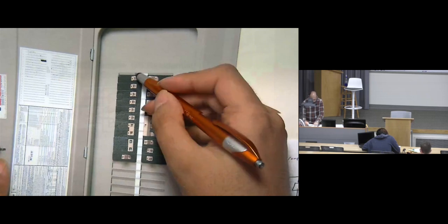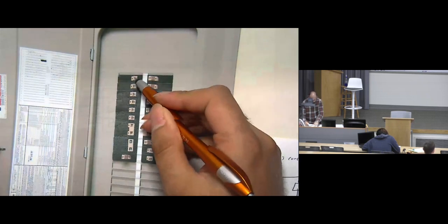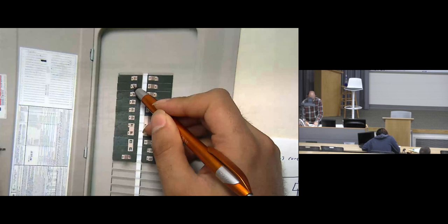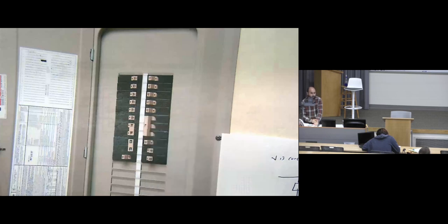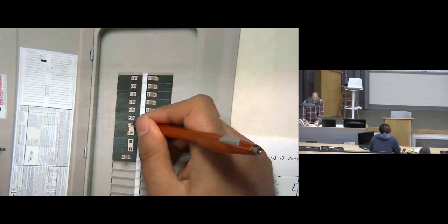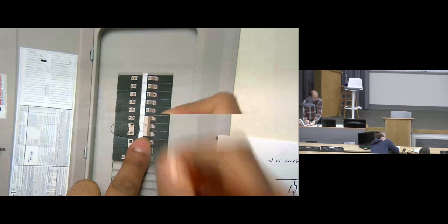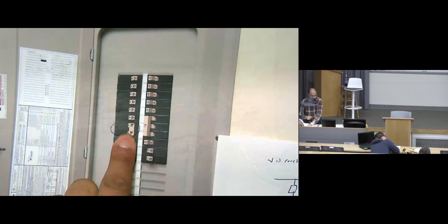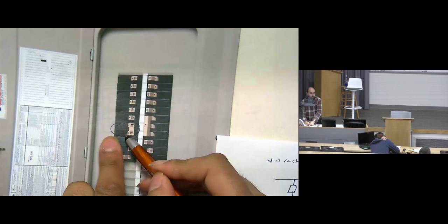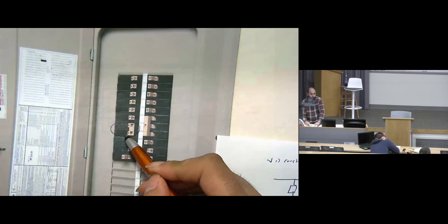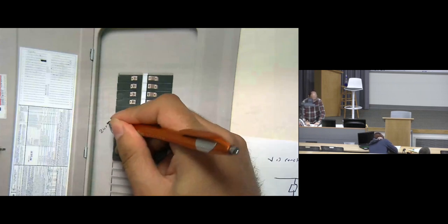And when you look at the circuit breakers, you will see individual ones, one circuit breaker, which means 120 volts. Let's look at this. Here we have two at this part. What does this mean? 120, 120, 240. So this means it's for 240 volts.